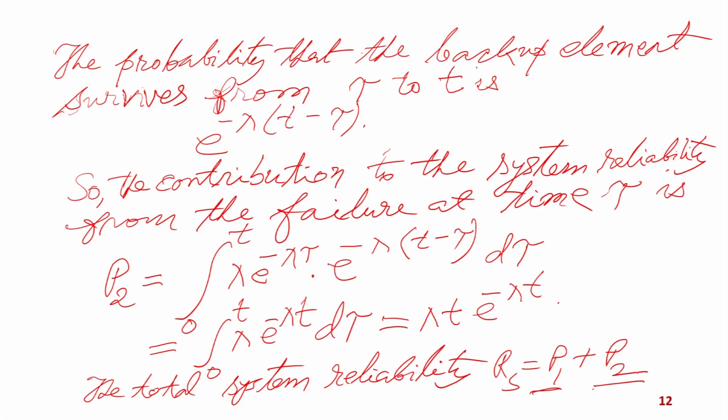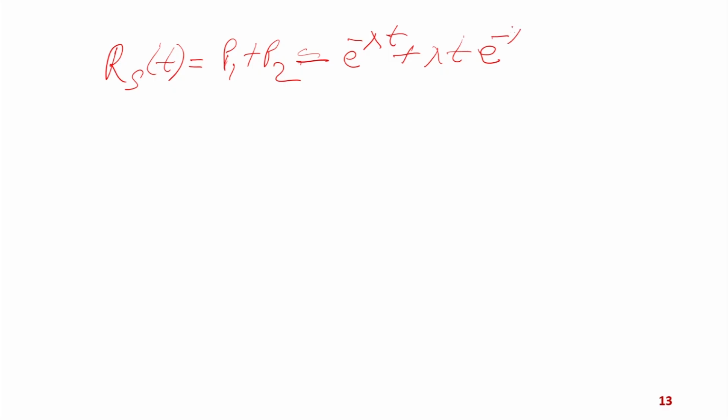So, as I said, R S of t is equal to P 1 plus P 2, and already we have seen P 1 is equal to e to the power minus lambda t, and P 2 is lambda t e to the power minus lambda t. So, this I can write as 1 plus lambda t, e to the power minus lambda t.